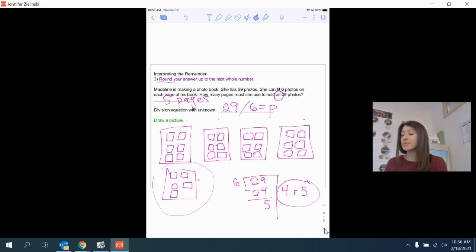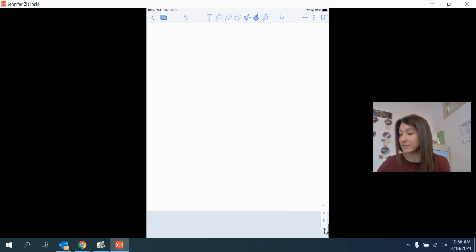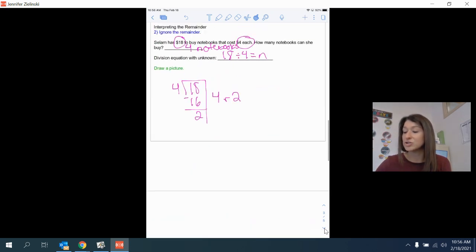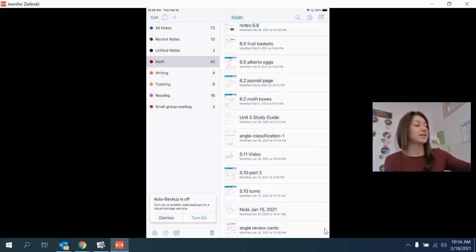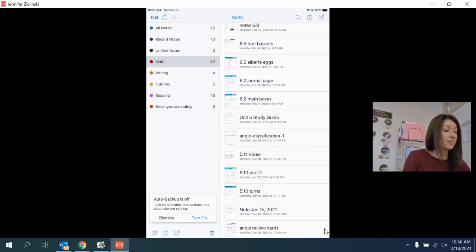All right. In your math journal, you will be completing some examples of this problem, and you need to be able to explain what exactly you would do with your remainder. For instance, if you're going to ignore it, report it as a fraction, or round the answer up, how would you explain why?